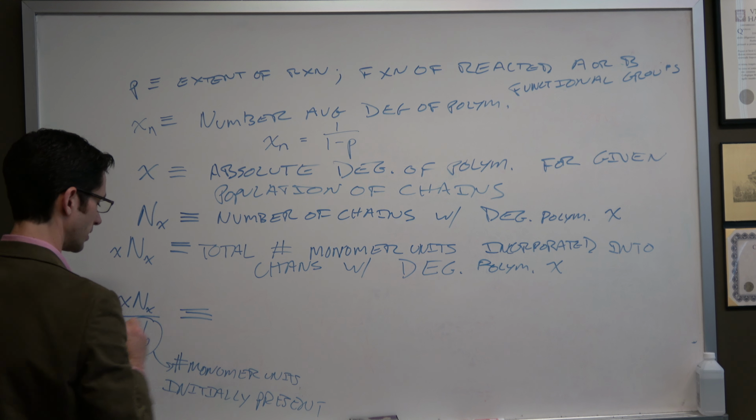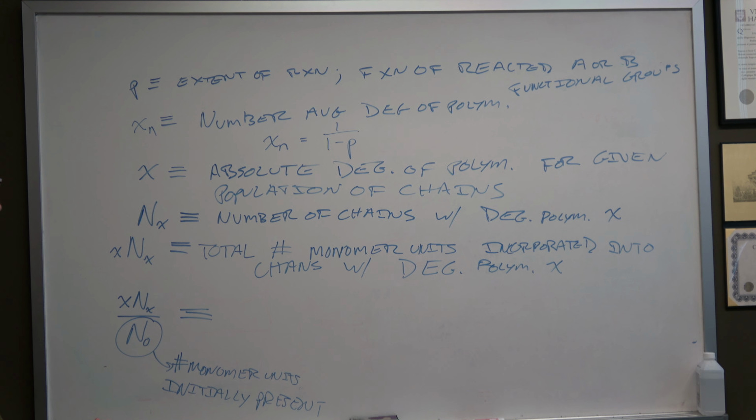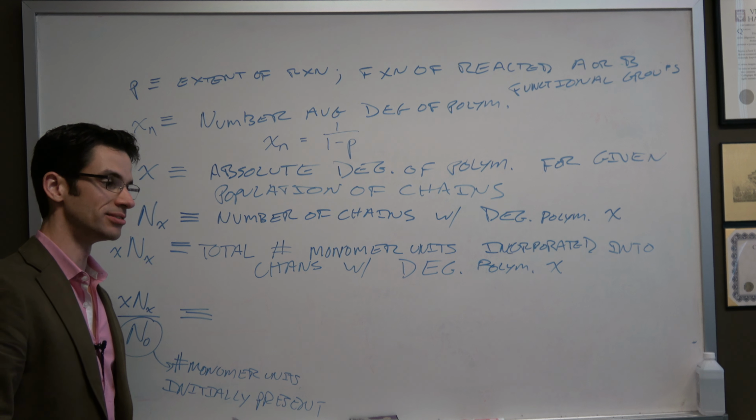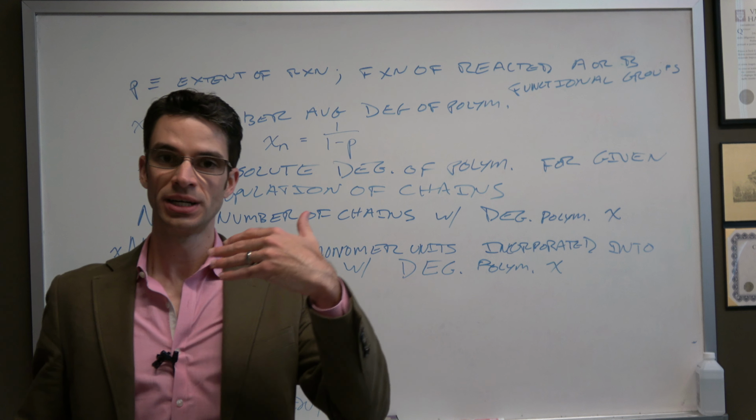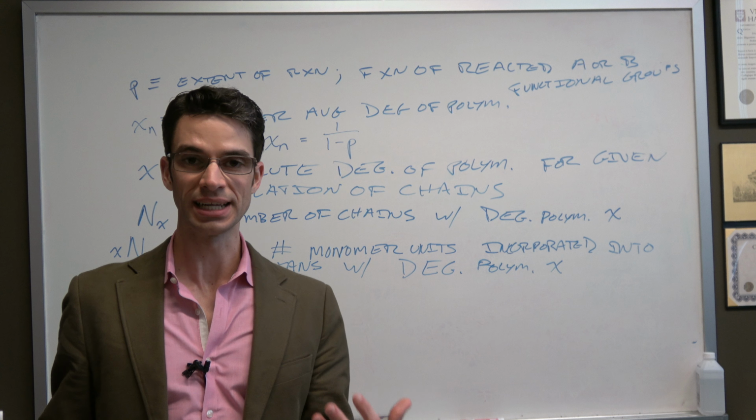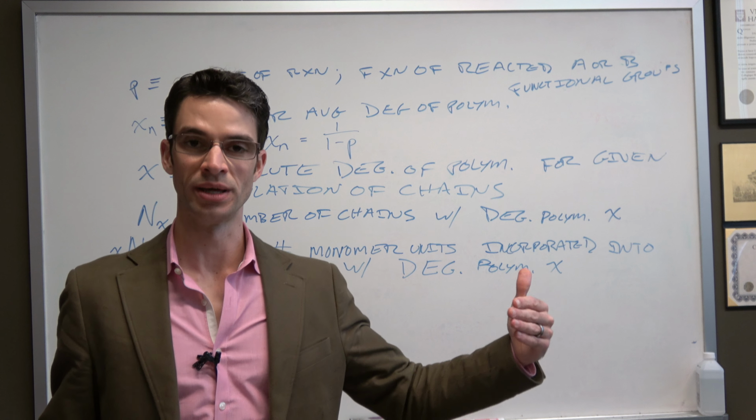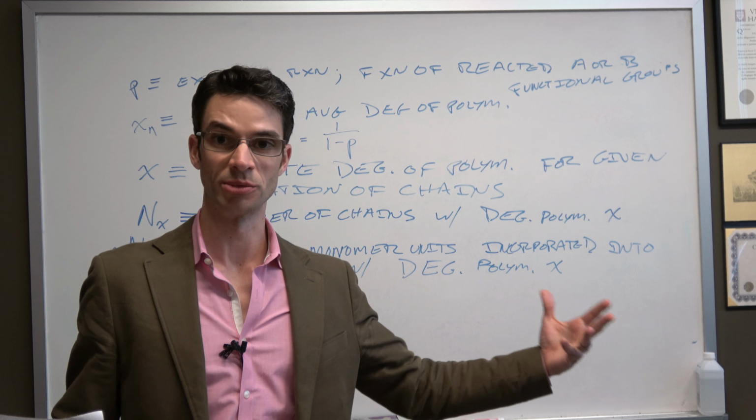So this whole expression, x times n sub x over n naught, gives you the fraction of monomers incorporated into chains with length or degree of polymerization x.